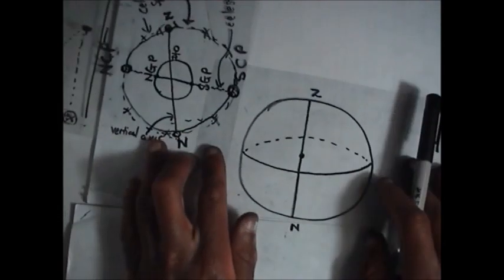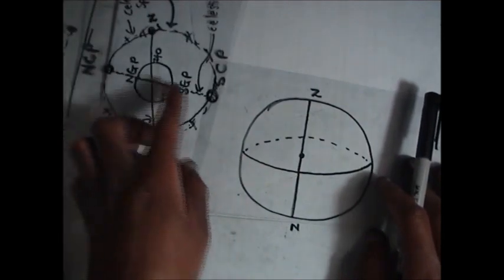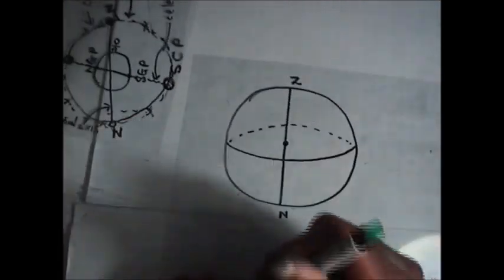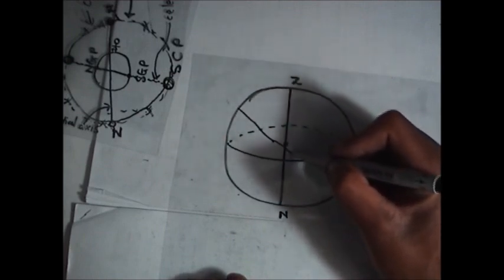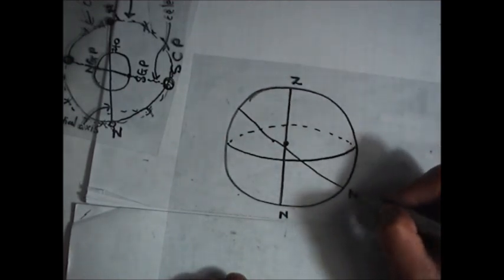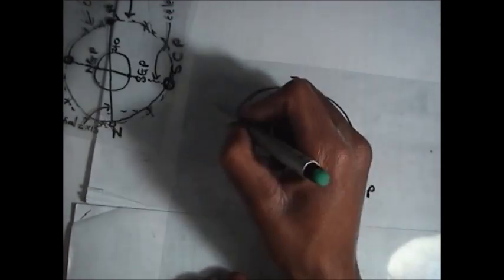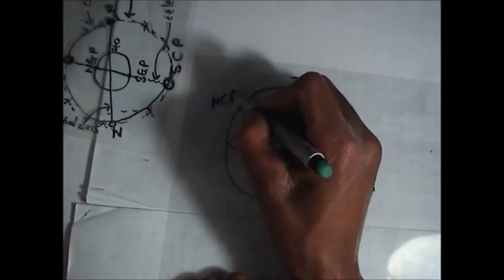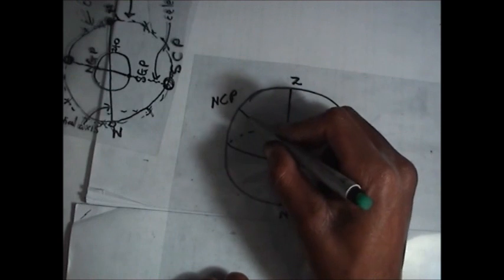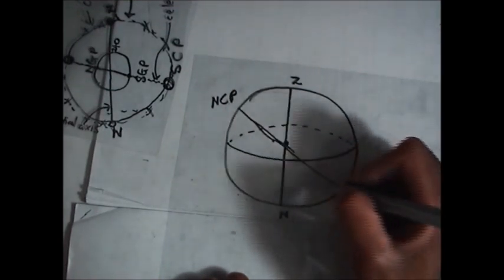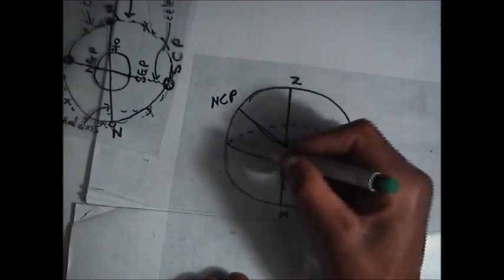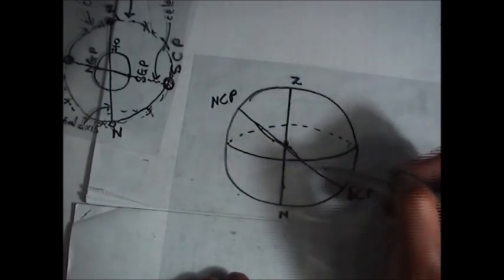As you can see from the original video, the north and the south will be lying at that angle. So this one will be the south celestial pole and this one will be the north celestial pole. They will be at an angle like this, making the celestial axis. So this is the celestial axis, this is the vertical axis, and this is the observer's horizon.